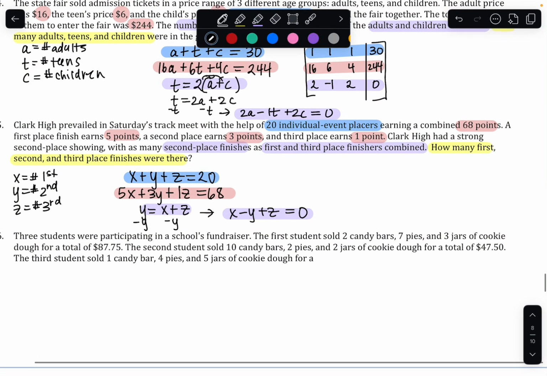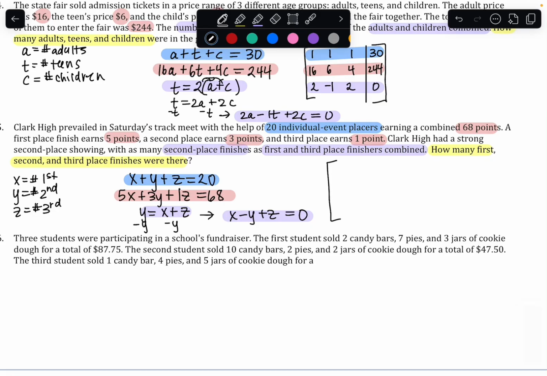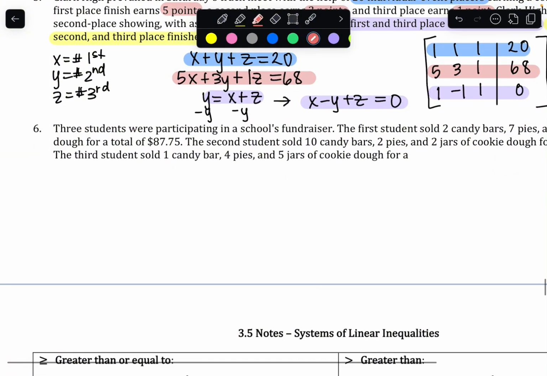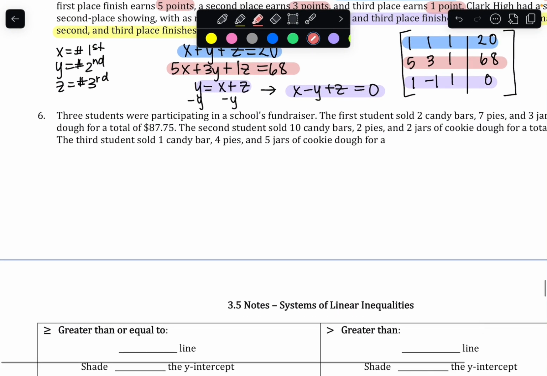And so our matrix would be 1, 1, 1, 20, 5, 3, 1, 68, and then 1, negative 1, 1, 0. Type it in your calculator and get the final answer.